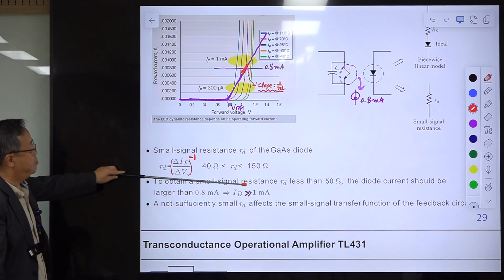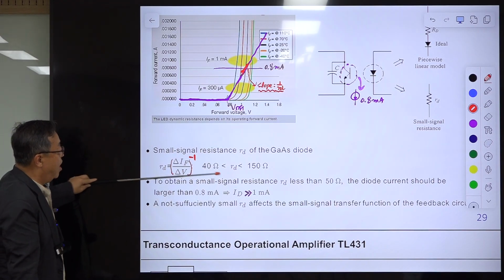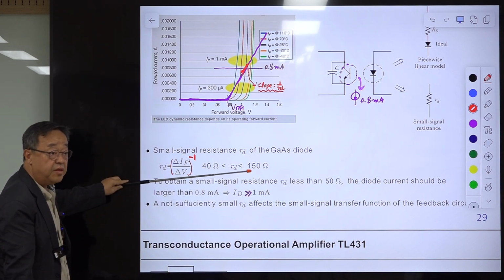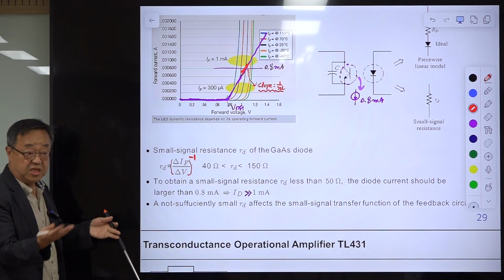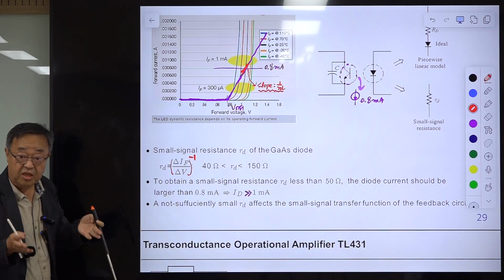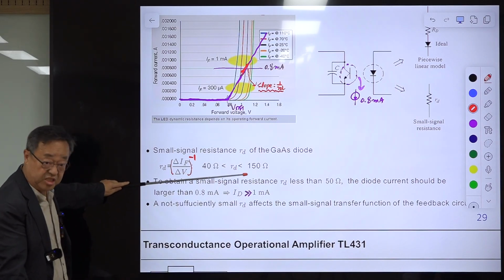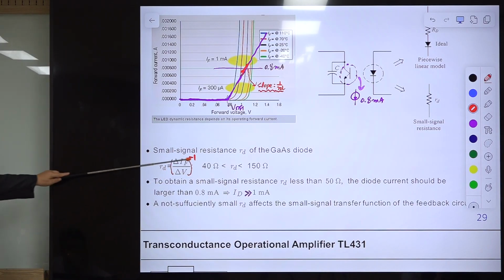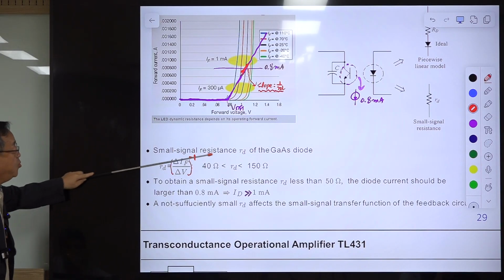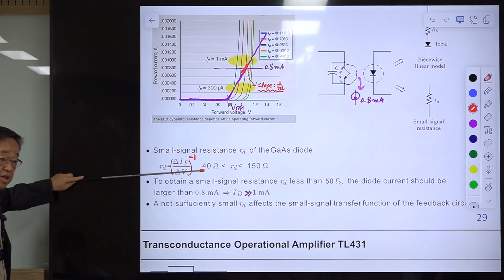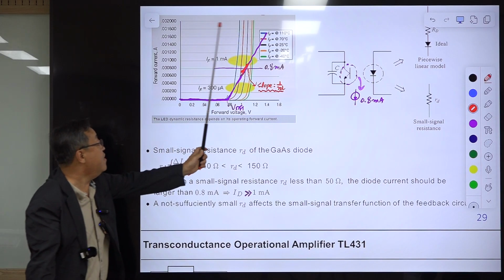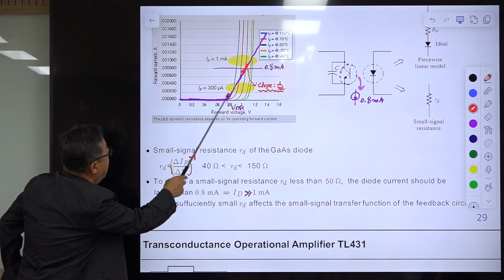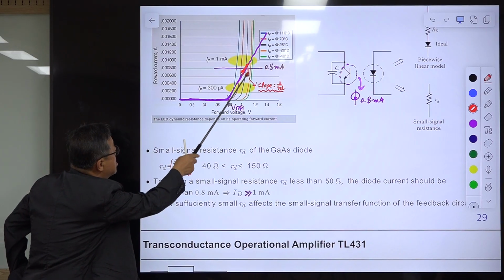And typically this value is this one, 50 ohm. So knowing this value is very important. When you are analyzing or designing the compensation circuit, this works as a resistor. So you should consider this later. Okay, but you have this small one. So a small one is better. 0 is ideal. 0 is this vertical line. So at this region, this RD is large. So you want a small RD.